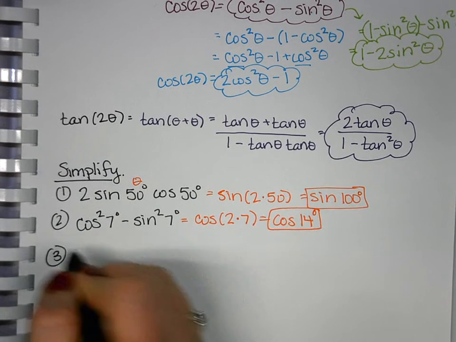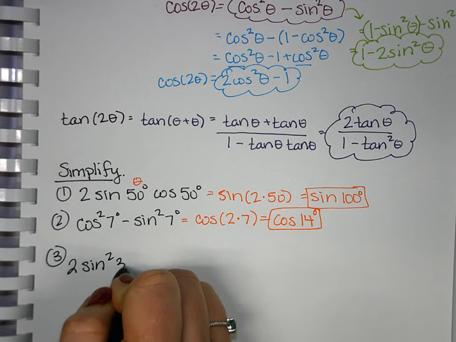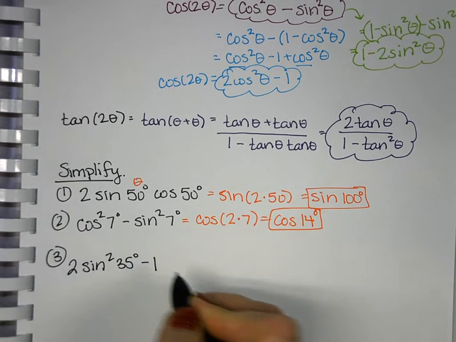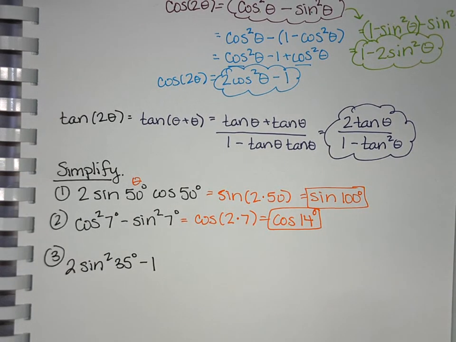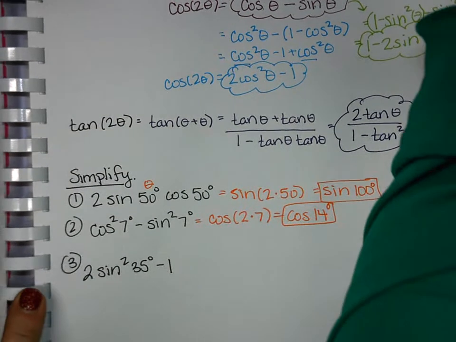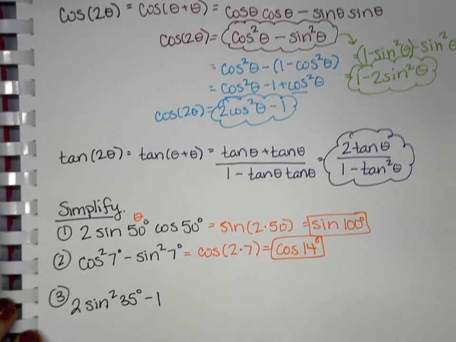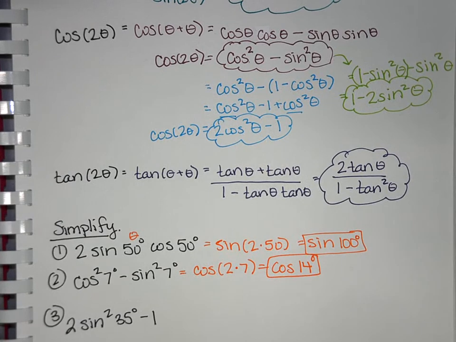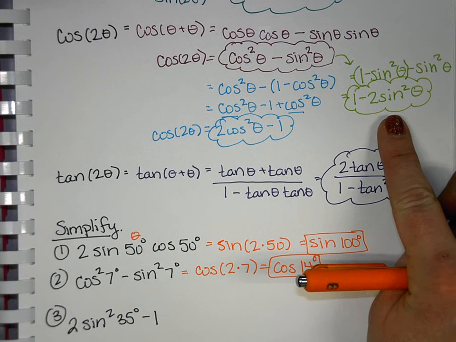Our next one that I wanted to do with you is 2 sine squared 35 minus 1. So when I look at this one, and I look to see which of these it matches, it doesn't really match any of them exactly, but it's really close to this one that goes with our cosine double angle.